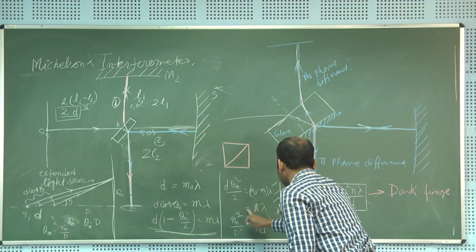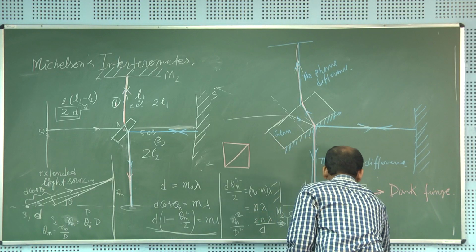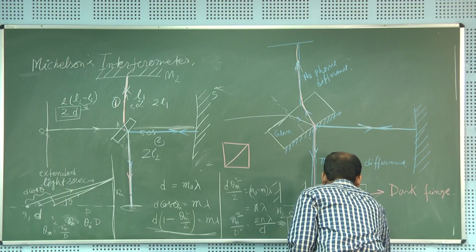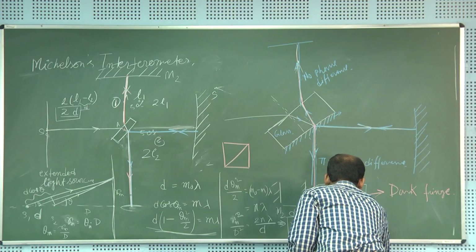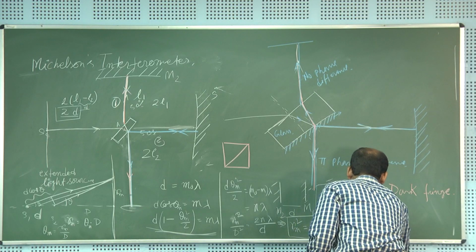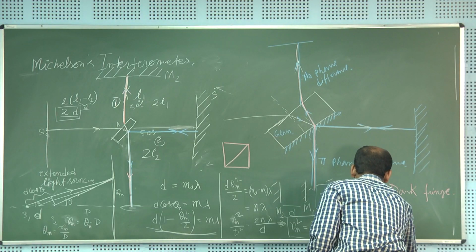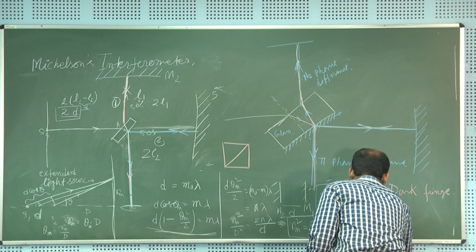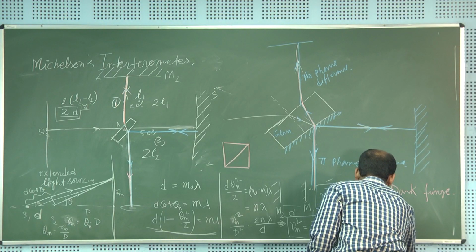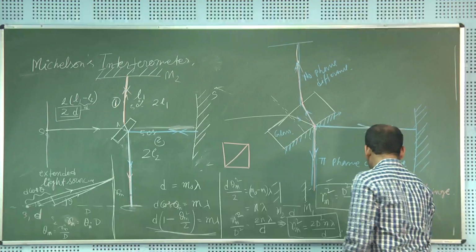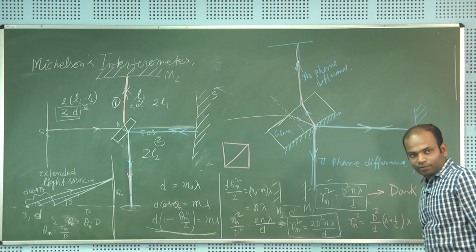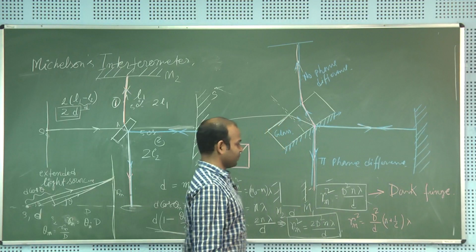For example, the condition would be for bright, this would be the condition for your bright fringes.